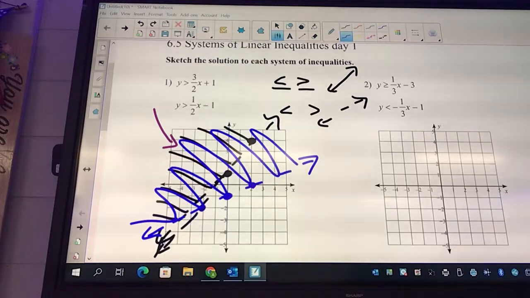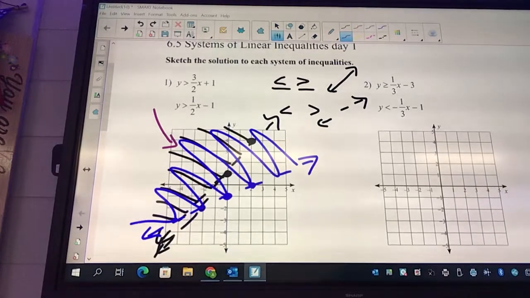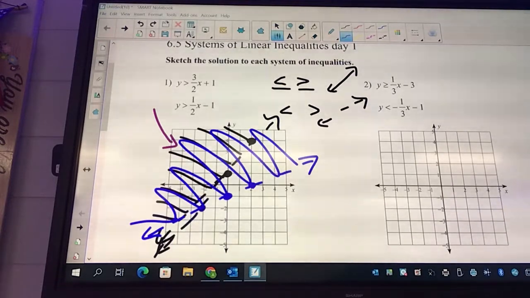Okay, now let's talk about what that means. When we did systems and it was just lines, we had something that would intersect at one spot. We had one intersection point. What this is saying is, trying to think of an example, if I have $10, I have to have at least 5 to go to Burger King, or at least 2.